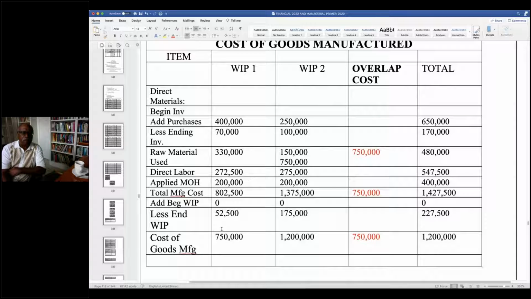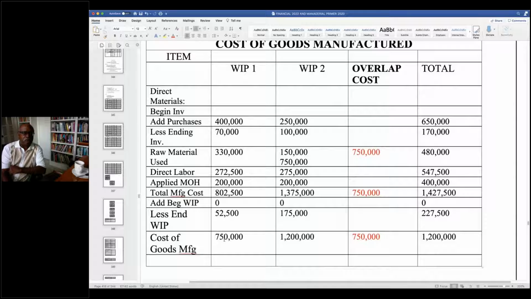We add up the costs in work in process 1, $750,000. We add up the costs in work in process 2, $1.2 million. But this $750,000 went over to work in process 2, so we can't count it in work in process 1 and then count it again in work in process 2.